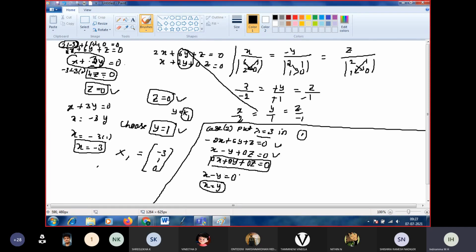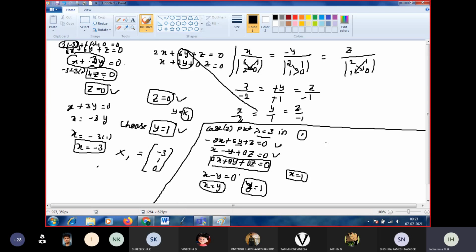So for that we have to choose arbitrarily for one variable. I am choosing for y. So y is equal to say k1. K1 I am choosing for simplicity, say y is equal to 1. So if you choose y is equal to 1, x is also 1. So substitute x and y as 1 in the first equation.